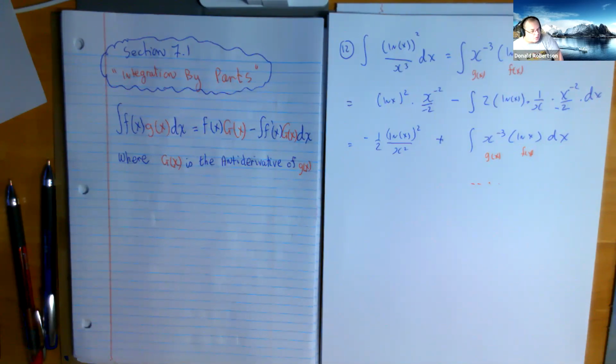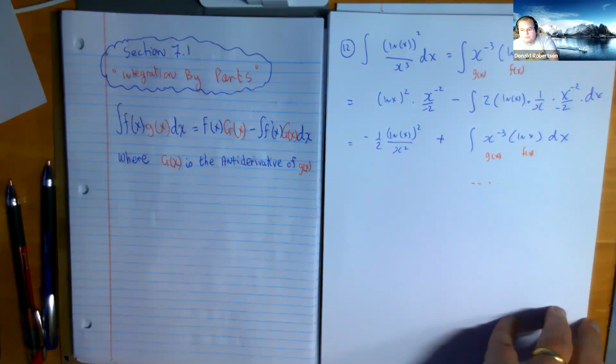So if you ever see a log somewhere in one of these questions, make that log your f of x. It's also the same rule as if you can't integrate it, make it your f of x. Well, I can't integrate log x, so that's another reason for calling log the f of x.